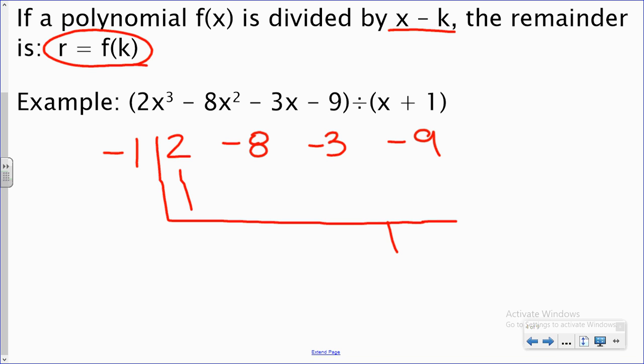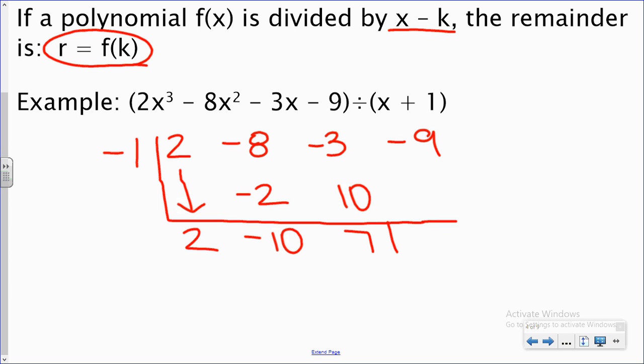So we drop the 2, multiply to get negative 2, add to get negative 10, multiply to positive 10, add to get 7, multiply to get negative 7, and then our remainder is negative 16.